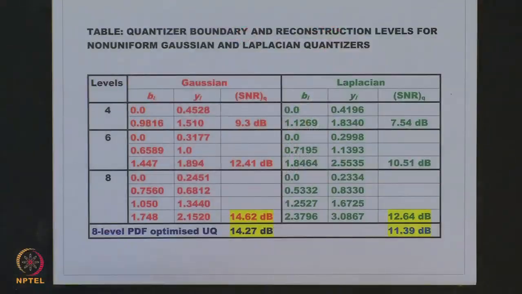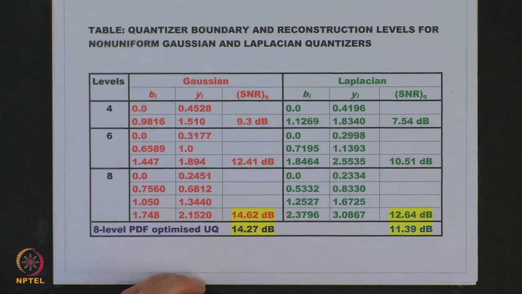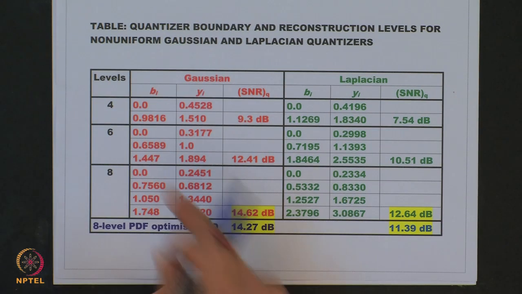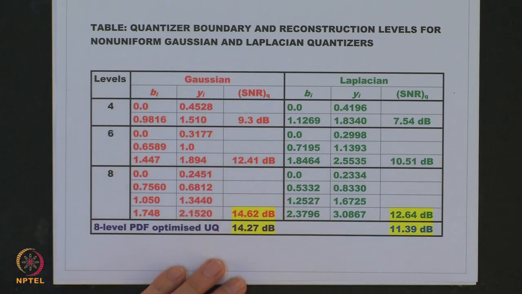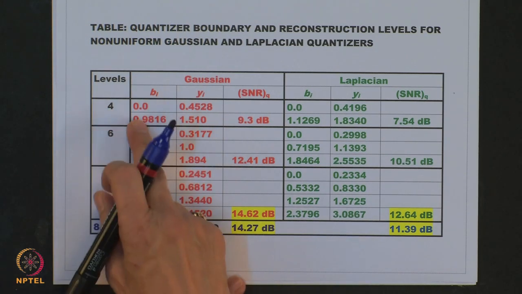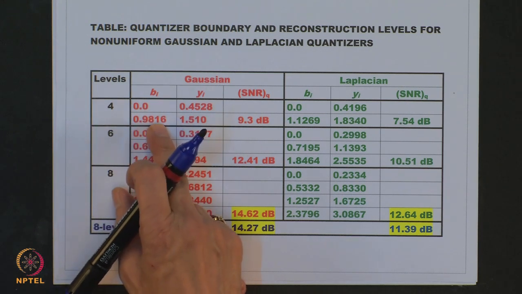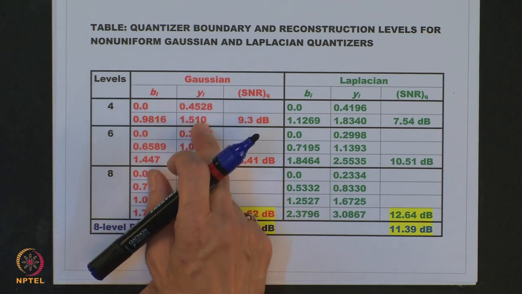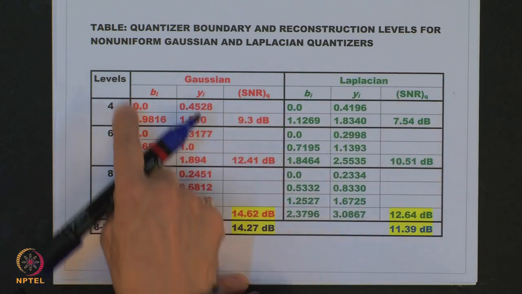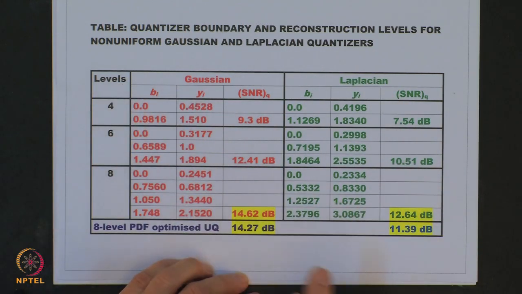Right? So, this is how you do it, and in the literature you will find that again a table has been provided for the Gaussian and Laplacian PDF, again assuming unit variance, for different levels 4, 6 and 8. So, for 4 levels you will have two boundary points, one is obviously 0 and the other boundary point is given. For the same you will get the reconstruction levels. Similarly for the Laplacian, 6 and 8 levels also have been given.